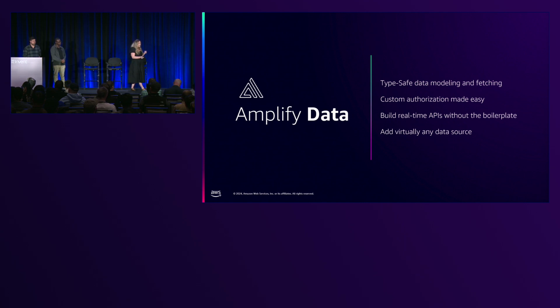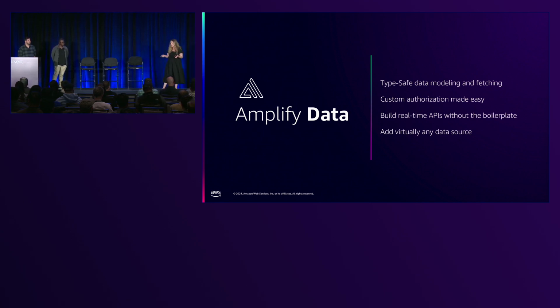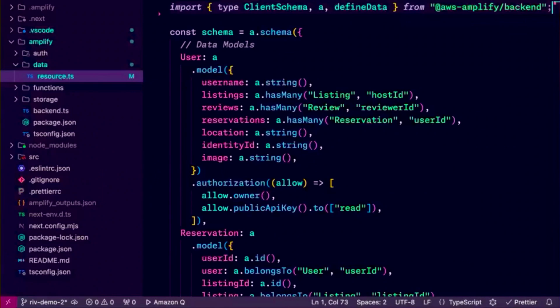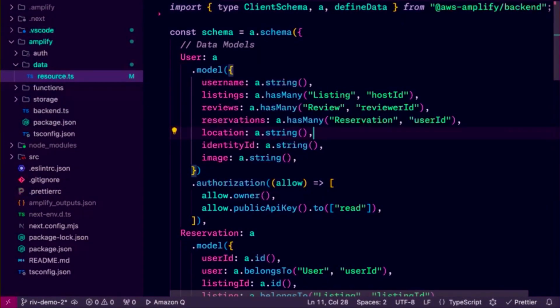The authorization rules are just defined in code as well, so you can do, for example, owner-based authorization, and that's just one line of code. It's real-time by default, so building a real-time API is no more code than a static API, and you can add virtually any data source, so you don't just need to use DynamoDB, you can really connect to whatever your application needs.